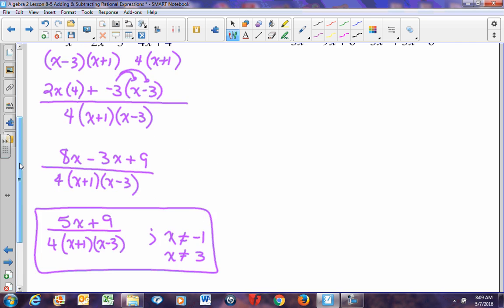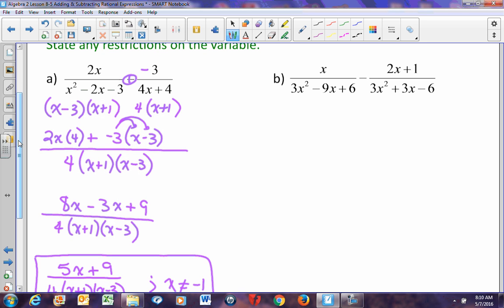Looking at number 2, or letter B, I should say. Let's factor this. I'm going to take a 3 out of this. That's going to leave me with x squared minus 3x plus 2, which means that I can factor that to x minus 2, x minus 1.